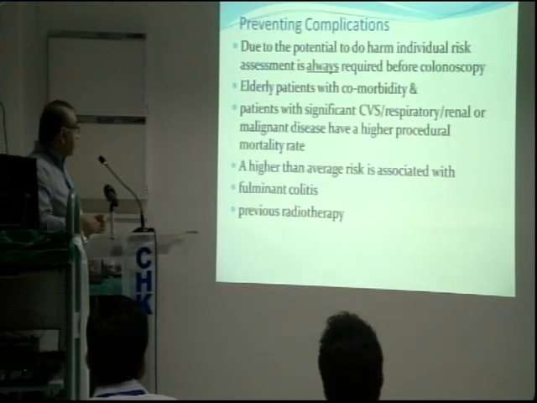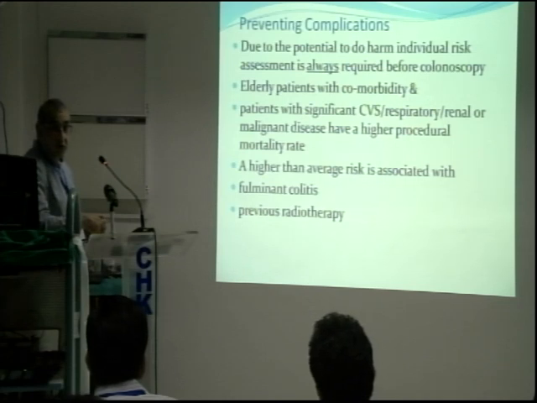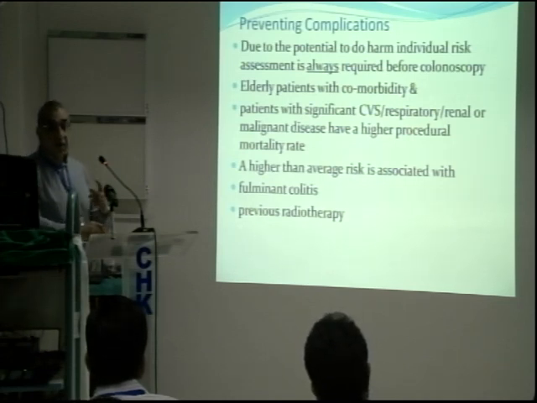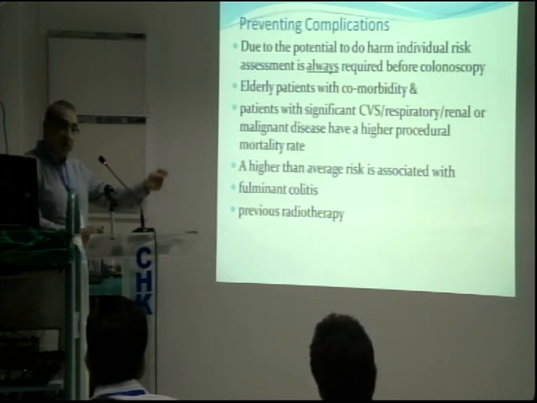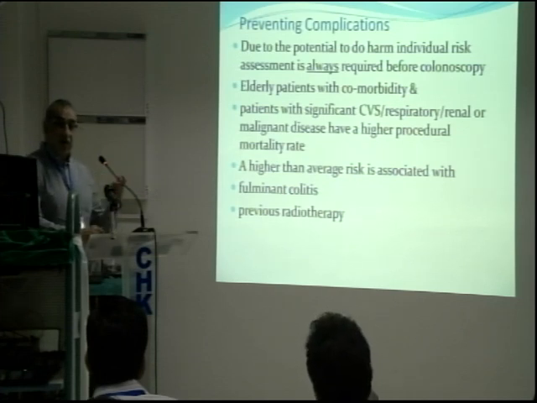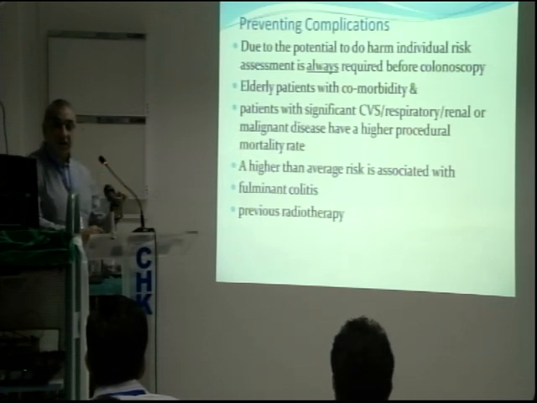Always remember, in fulminant colitis, do not do a full colonoscopy. Patients who have had radiotherapy have a higher risk because the mucosa is weak, it is ischemic, and might be tethered or adherent to the surrounding tissues. Especially the fact that we do a J maneuver in the rectum, retroversion.